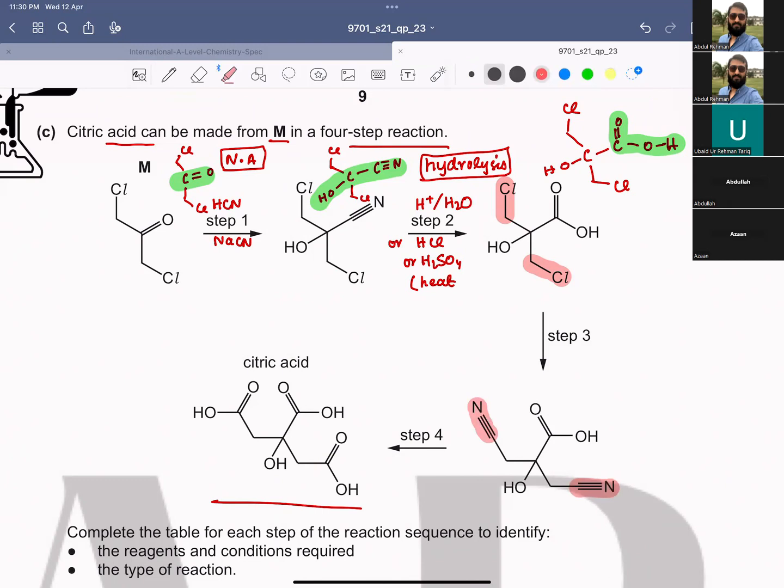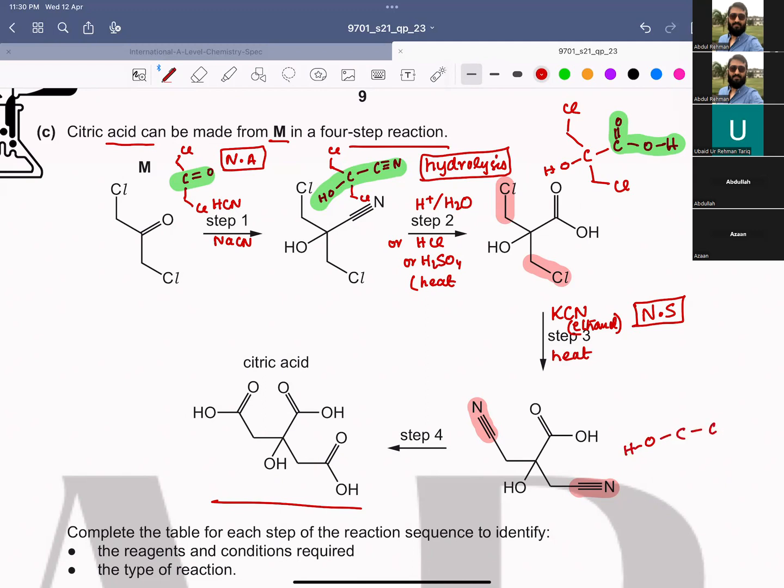So if you recall this reaction, that is a nucleophilic substitution reaction, which is done when ethanolic KCN, or KCN in ethanol, is used along with heat. So if you see over here, the whole structure remains the same.